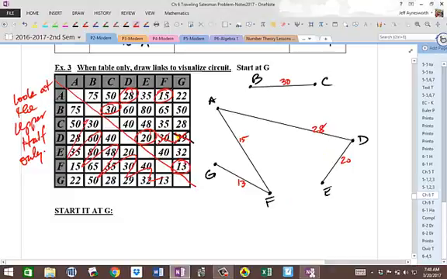Okay, after 30 is 31. There are no 31s. How about 32? 32 is EG. Okay, now if I connect EG, did I miss one here? 32, 30, 20. Oh, I missed the 22 AG.